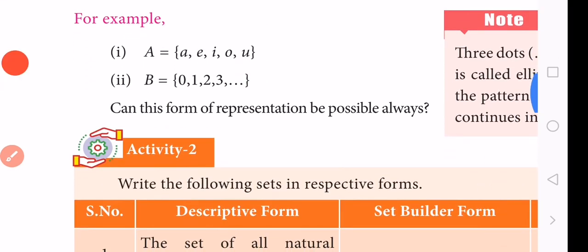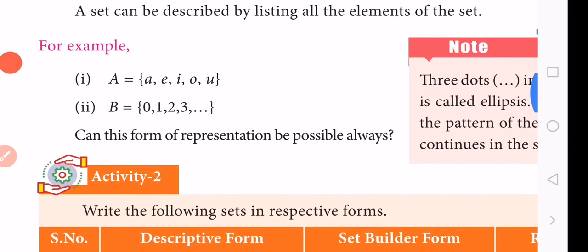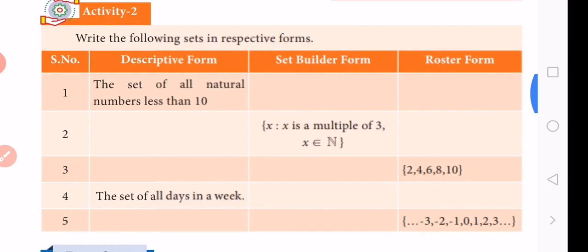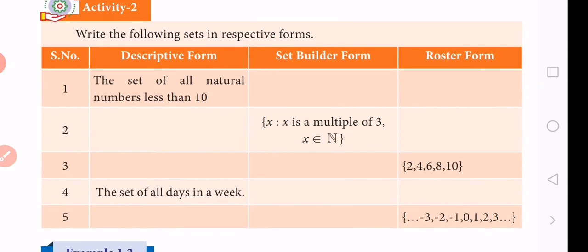Okay students, so now we give more explanation about these three representations of sets. Now we are going to discuss one example of an activity. Write the following sets in respective forms.